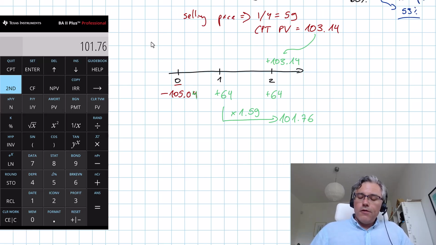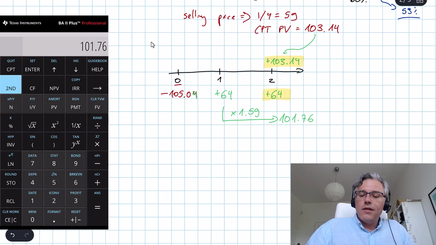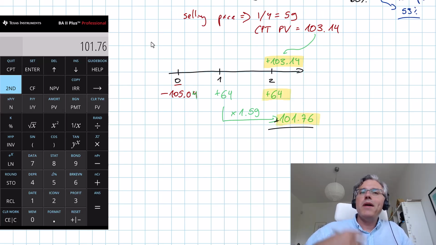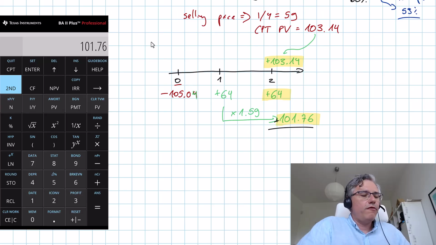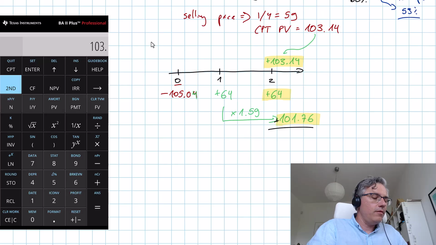As we did before, I'm just going to sum all these positive elements of value that make up what we finish the second year with. We have our selling price 103.14, we get the second year coupon 64, and we have that 101.76, the value of the reinvested coupon after 1 year.